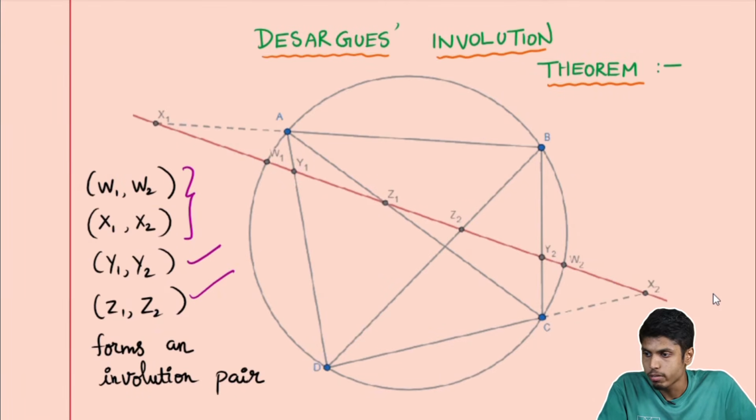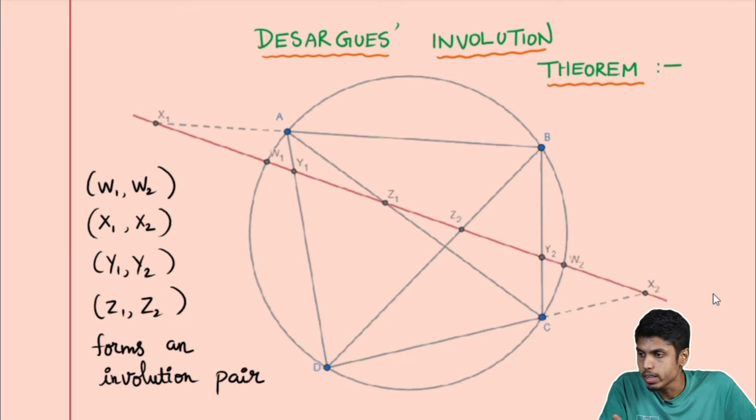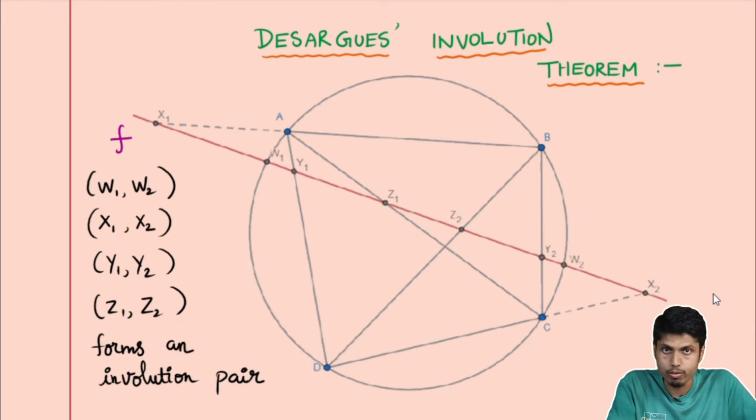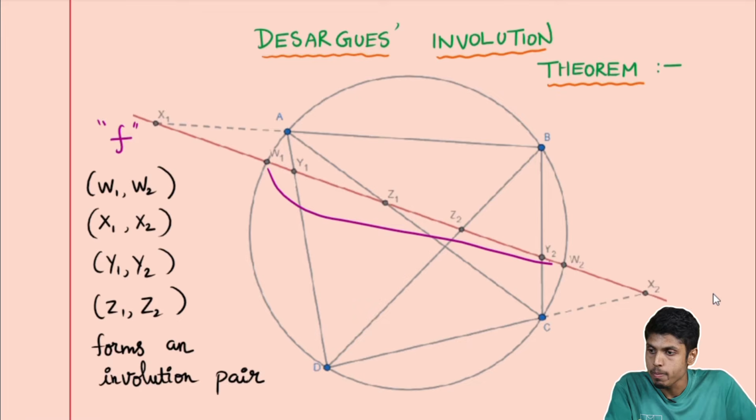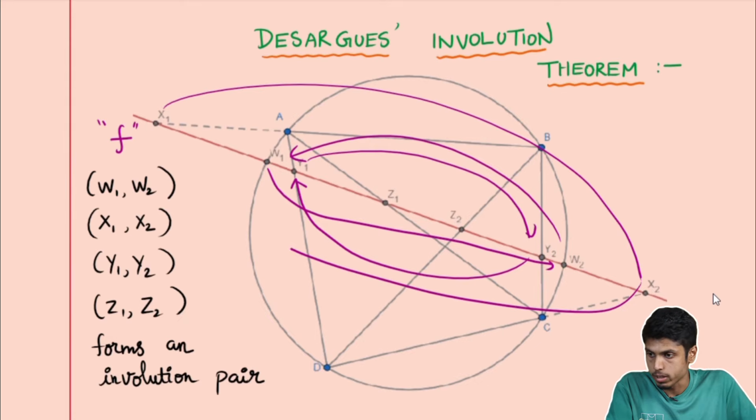Next, we are going to prove this theorem. But first, we have to understand what this actually means in terms of the ideas we derived. This means there exists an involution function f such that it maps w1 to w2, y1 to y2, and the reverse, w2 to w1, y2 to y1, x1 to x2, x2 to x1, z1 to z2, z2 to z1.